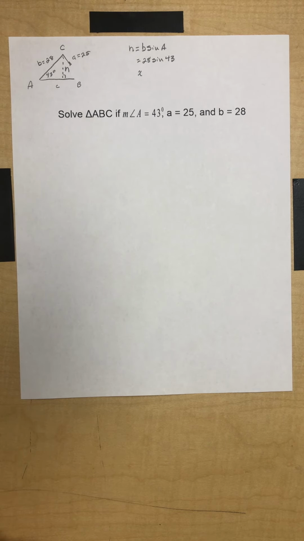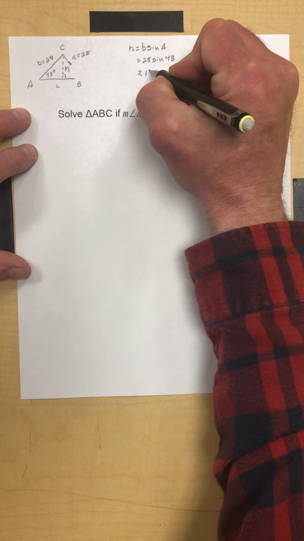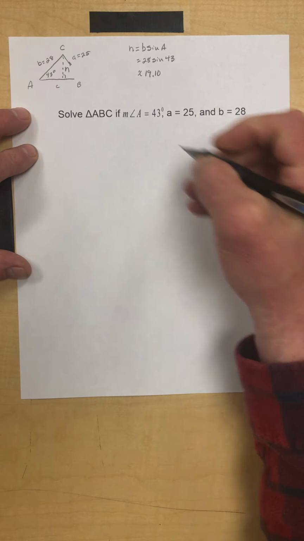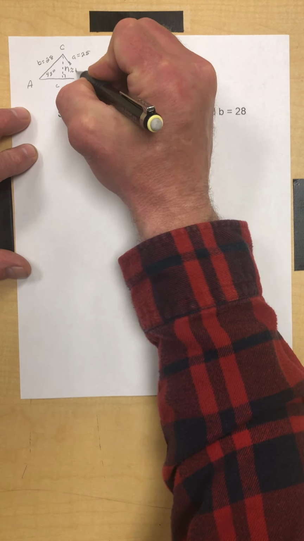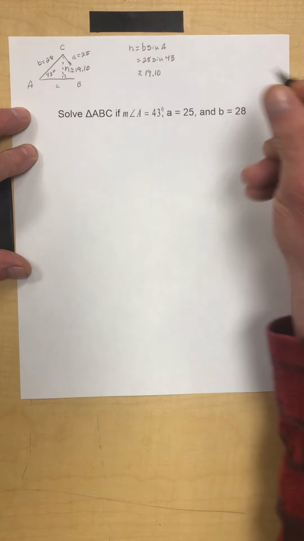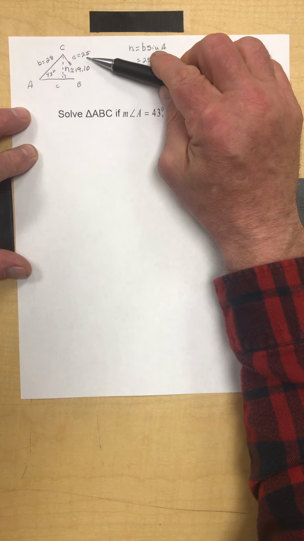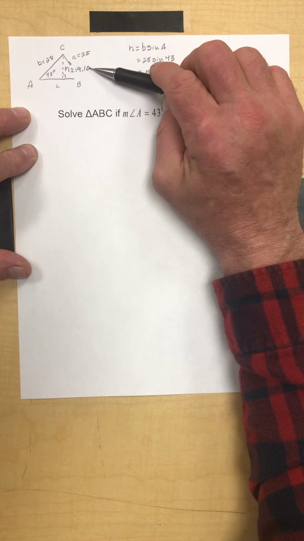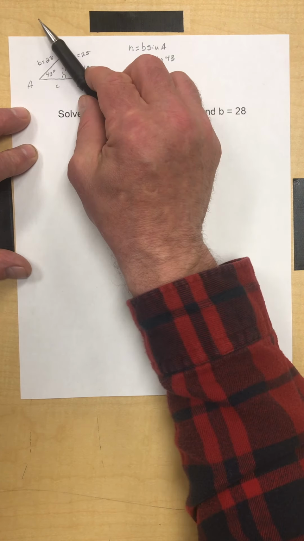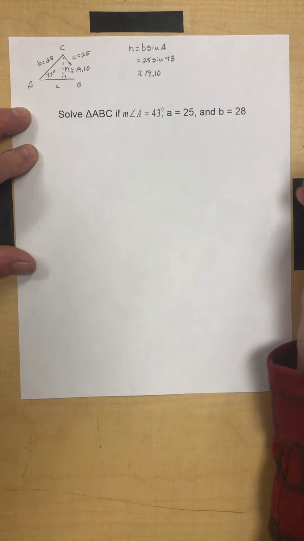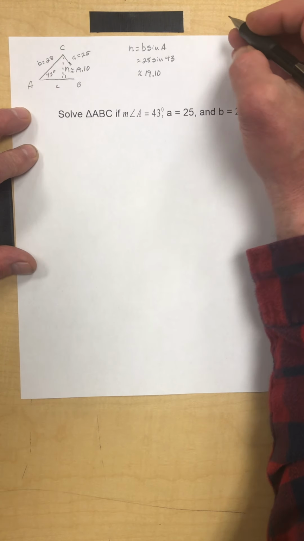So 28 times the sine of 43, and I am getting 19.10 when it's rounded off to the nearest hundredth. So we can see that side little a right here is longer than the height, so we can definitely reach down there and form a triangle. So we definitely have a triangle.